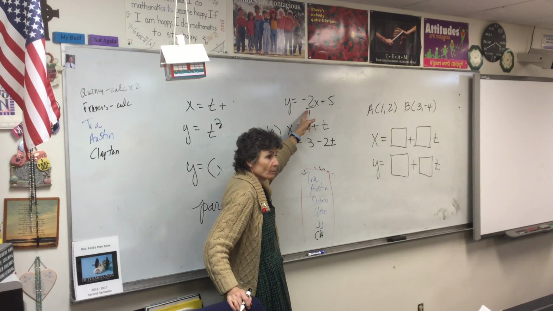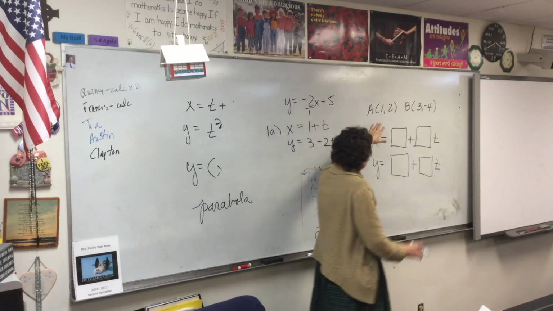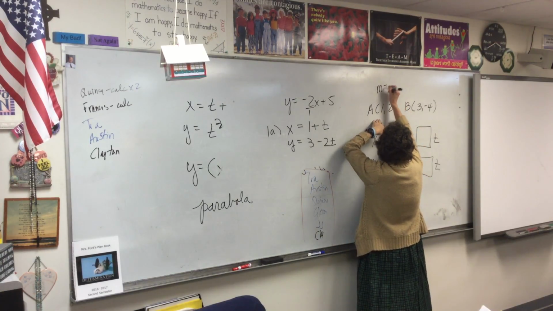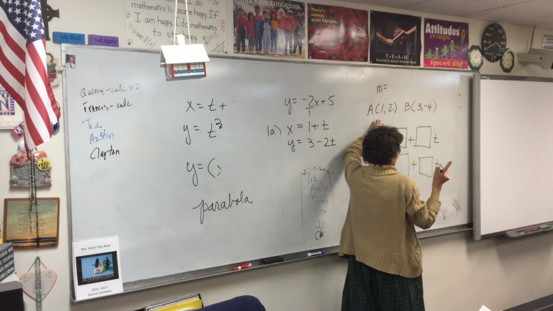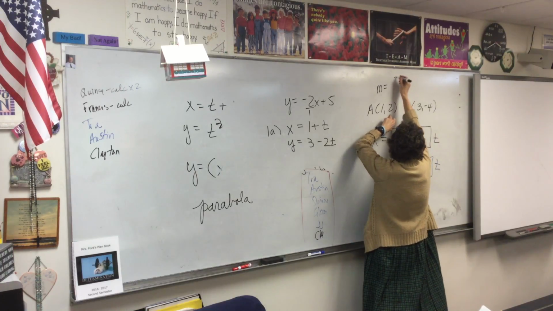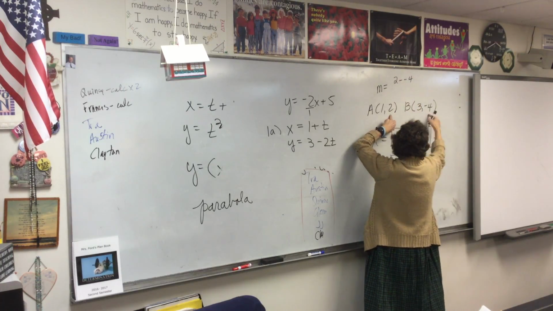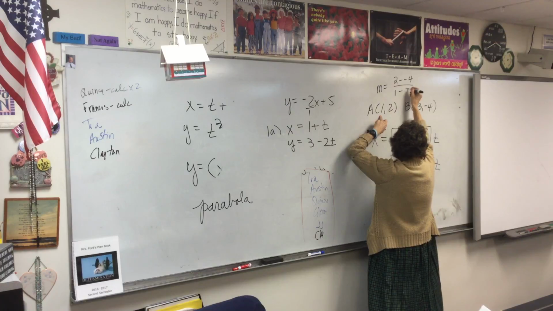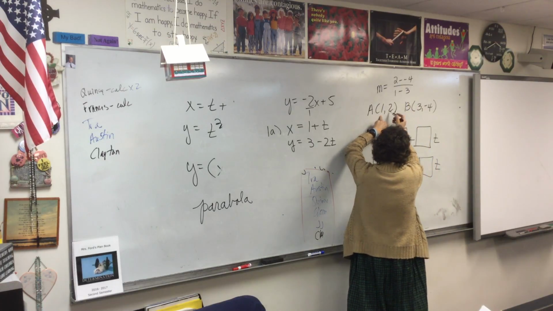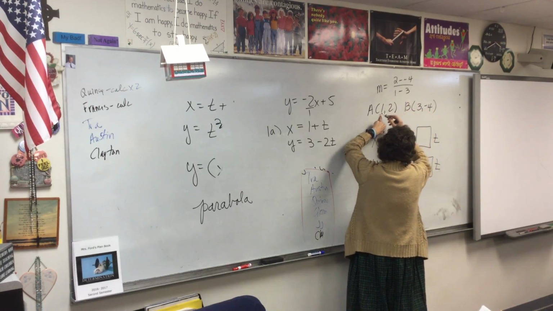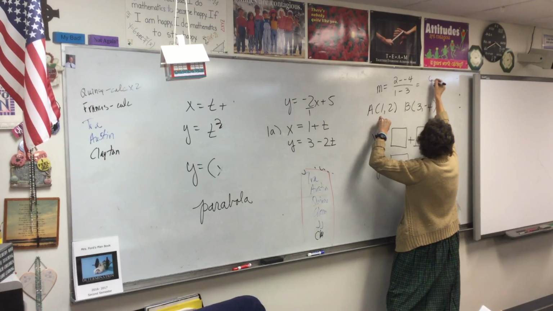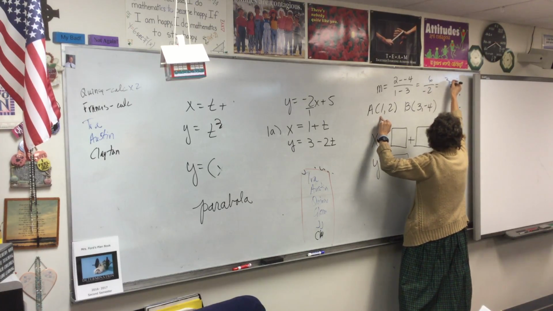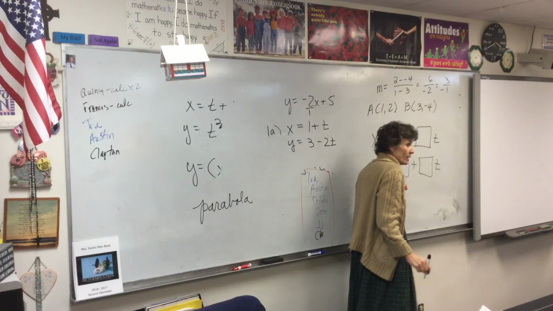gives me my slope. So when I look at these 2 points, first thing I'm going to do is find the slope. 2 minus negative 4 over 1 minus 3. Y minus y, x minus x. So that's 6 over negative 2, or 3 over negative 1 if I reduce it.